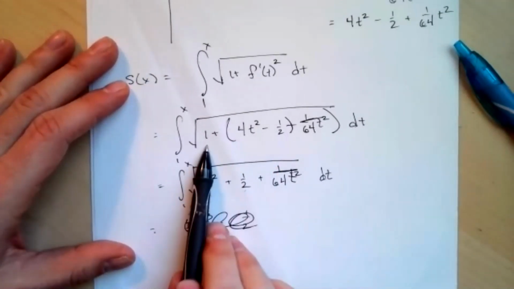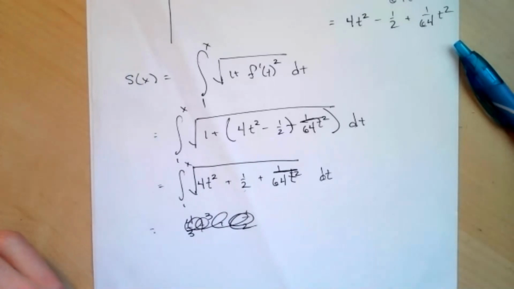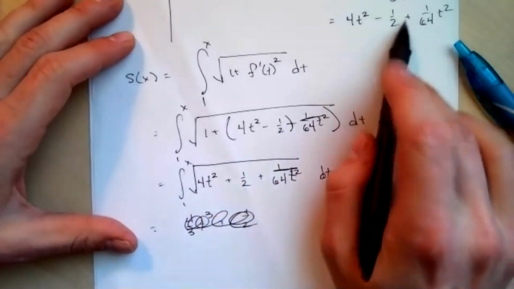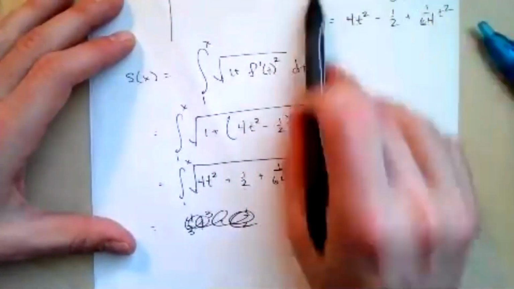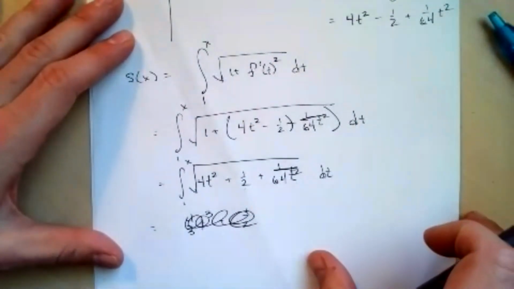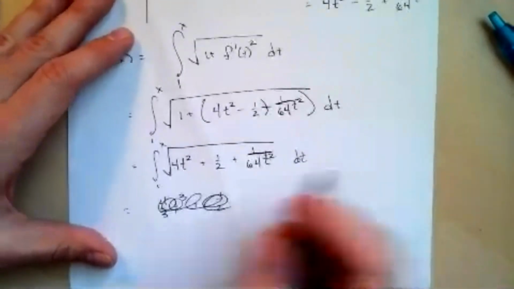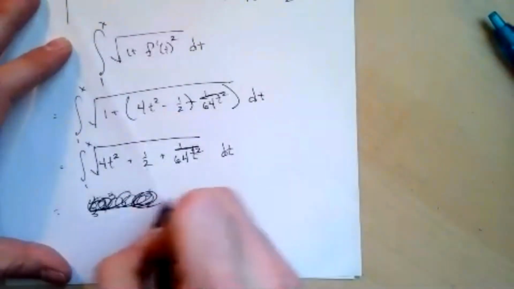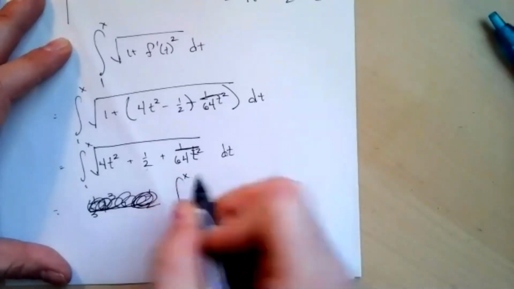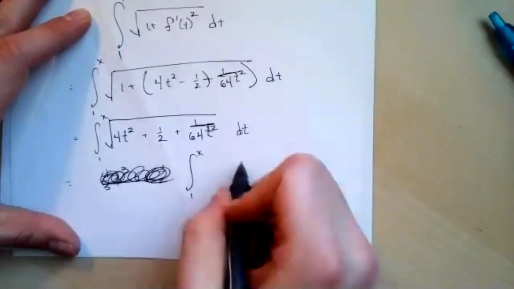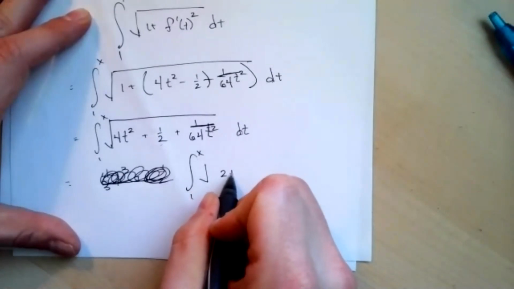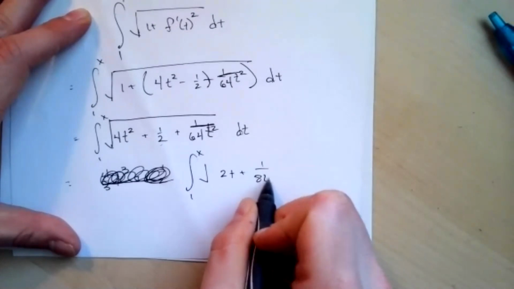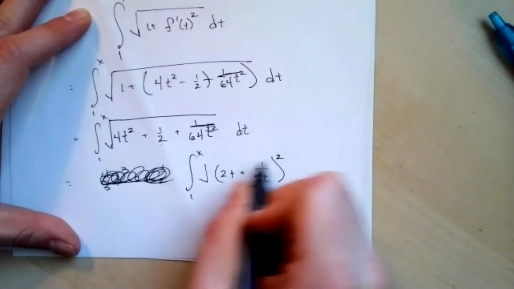So nicely enough, when the 1 and 1/2 combine, it just changes the sign on our constant term here, which essentially gives us the same factorization that we were just working with. So we get the integral from 1 to x of the square root of 2t plus 1 over 8t quantity squared.